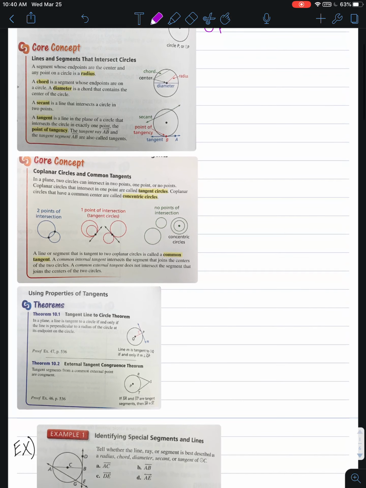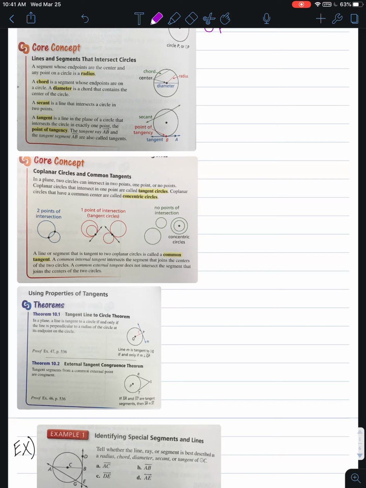So moving on from there, under this core concept, you'll see that there's quite a few vocabulary words, and it can be a little overwhelming at the beginning, but you'll find out that they're not really very difficult to understand. First of all, we've talked about radiuses before, or radii, but a radius is a segment whose endpoints are the center and any point on a circle.